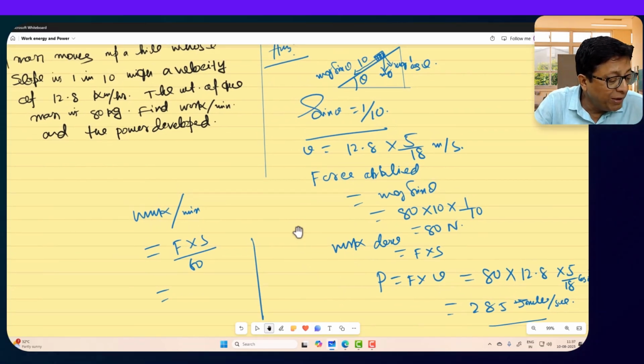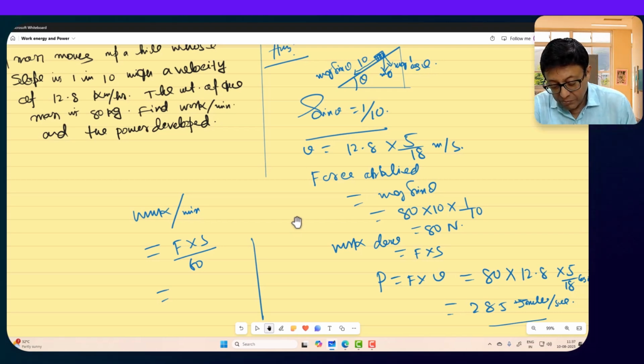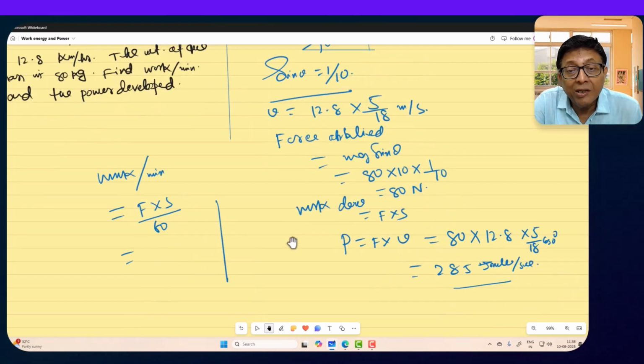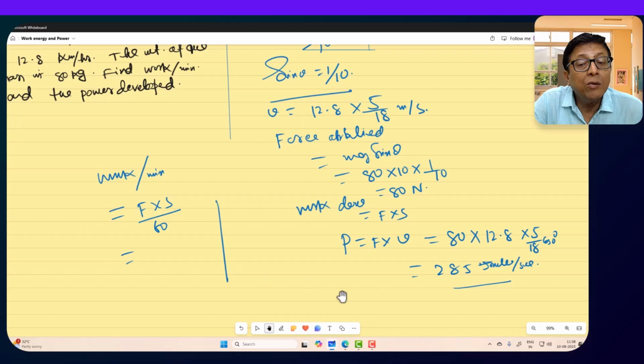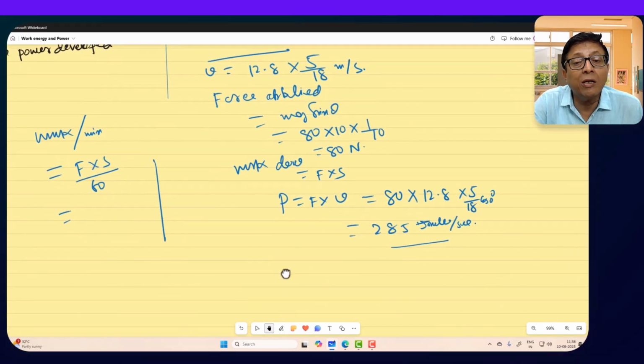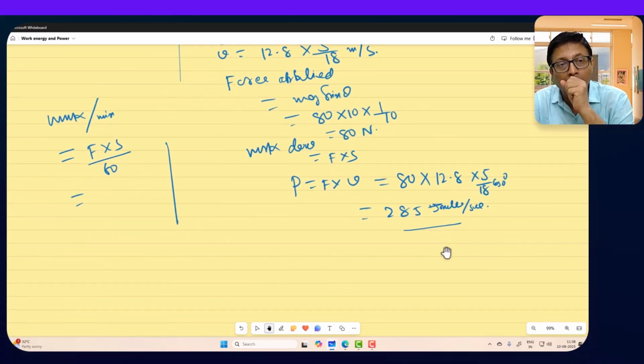Here in this problem, we will not use any formula on work done. For calculation of work done per minute, this is joule per second.